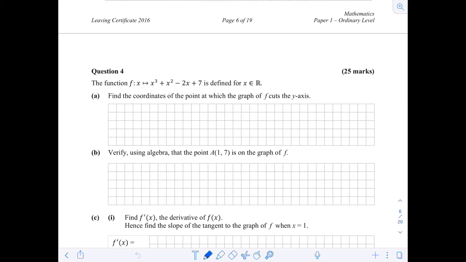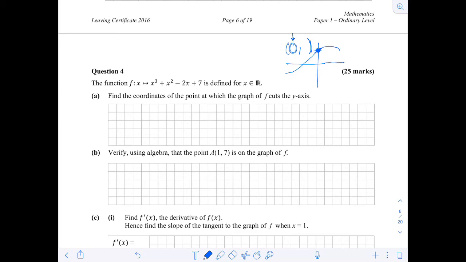So, if I draw a quick sketch here, where a function crosses the y-axis, let's say we have some mad function. The coordinates of that point, we know one value of it. If it crosses the y-axis there, we know that value must be 0.